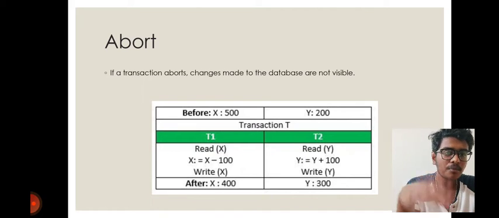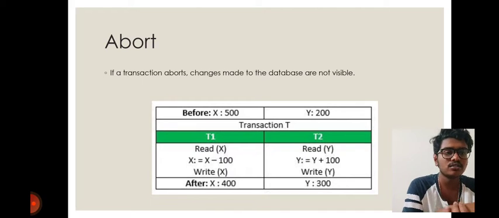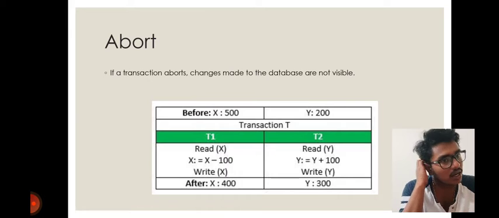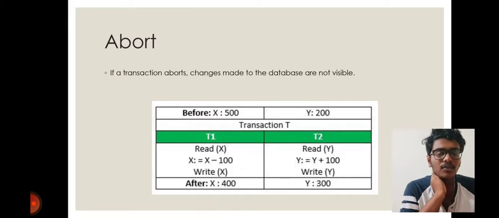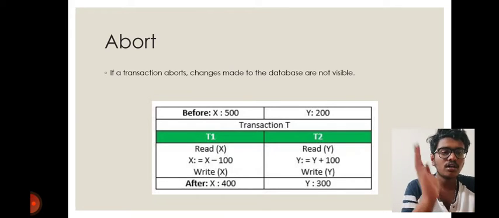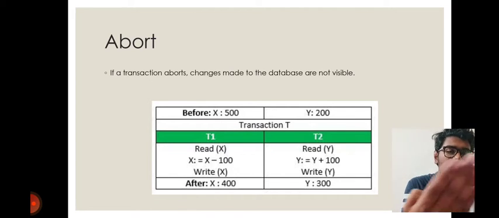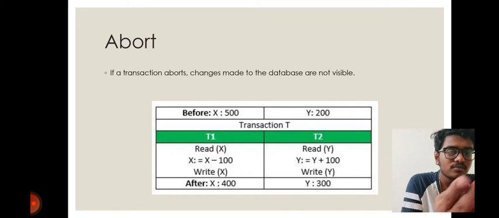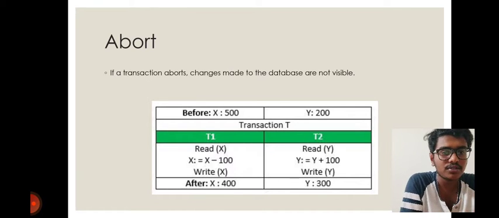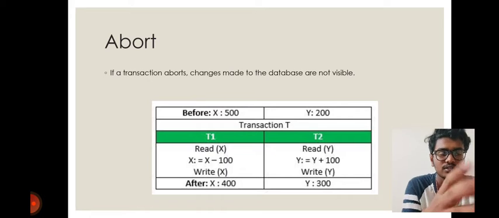Before the transaction Y is 200, and continuing the transaction, 200 plus 100, that is 300. We get Y equals 300. These are the values after the transaction.